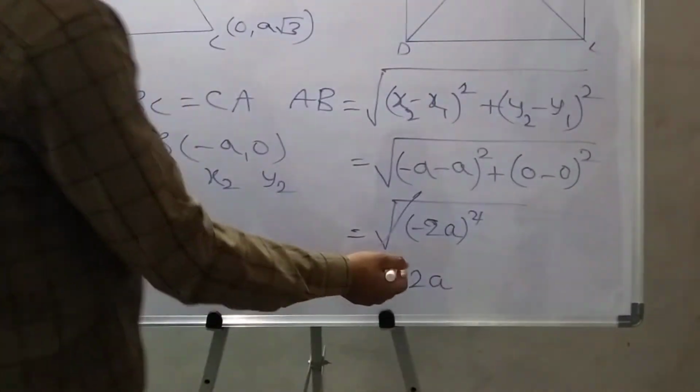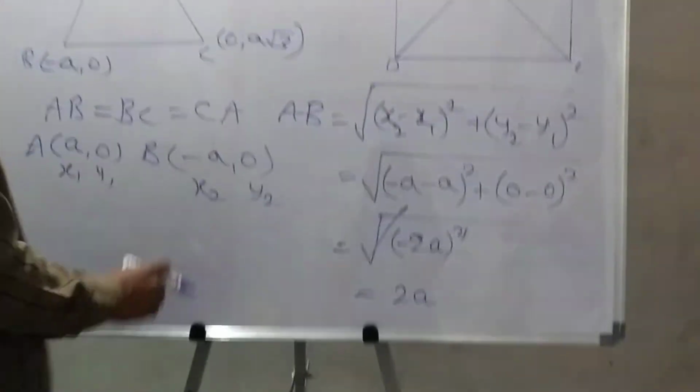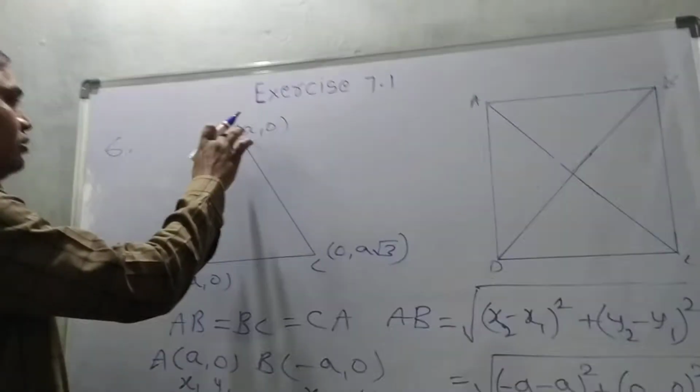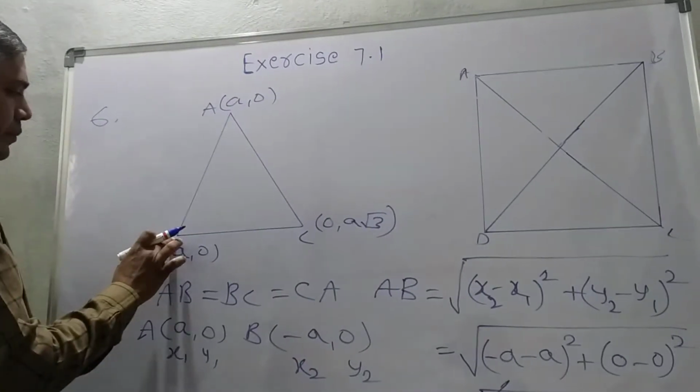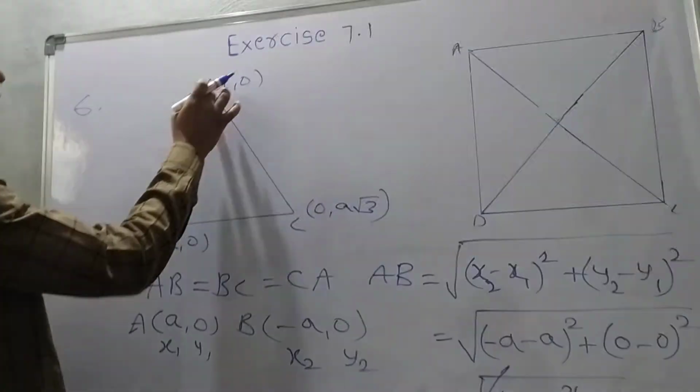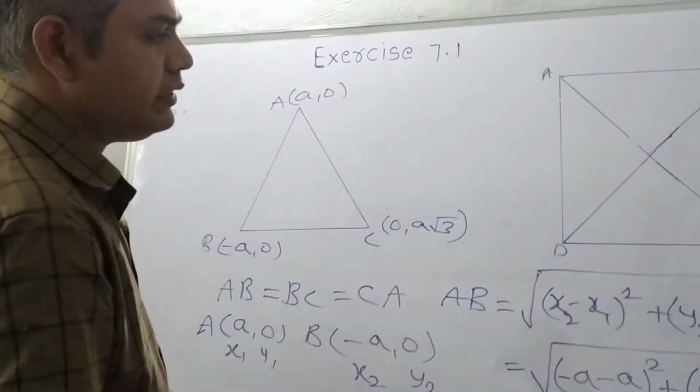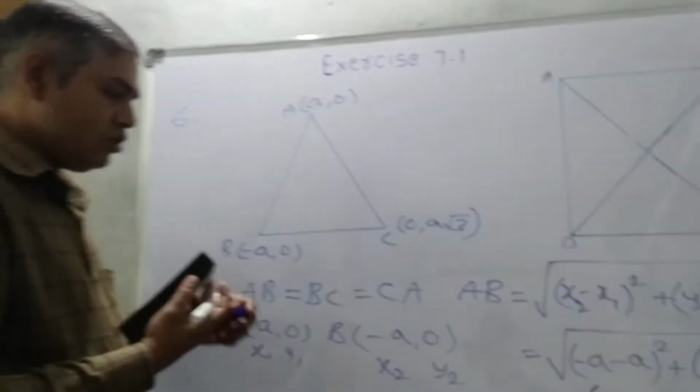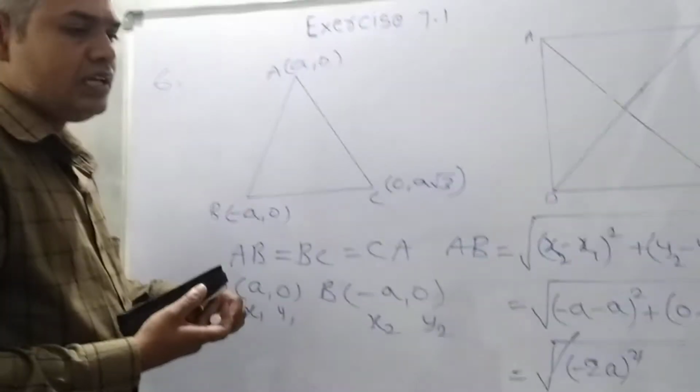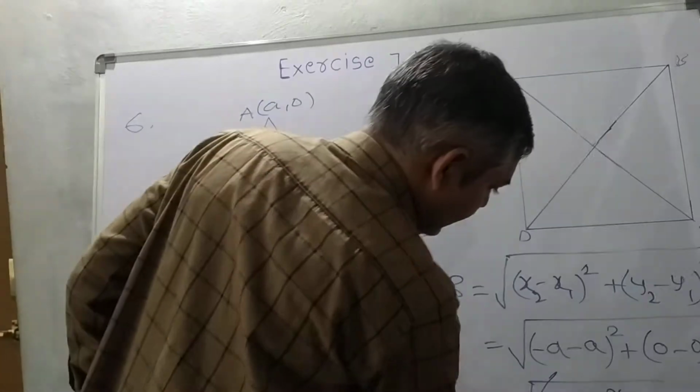Square and root are cancelled. Minus into minus is plus, so that value is 2a. We have to find the remaining values also. I have found AB, I have to find BC and CA. If all the values are equal, then we can say that this is an equilateral triangle.